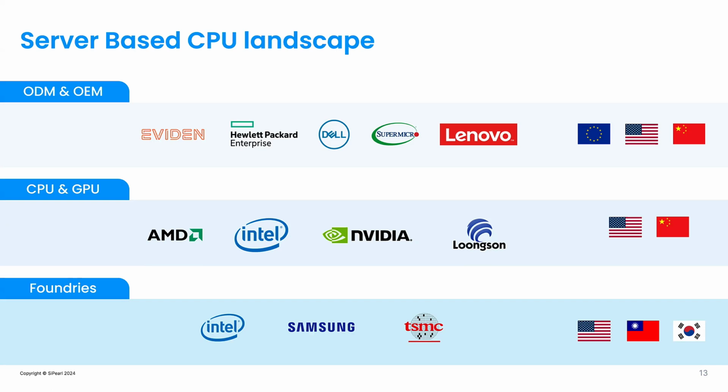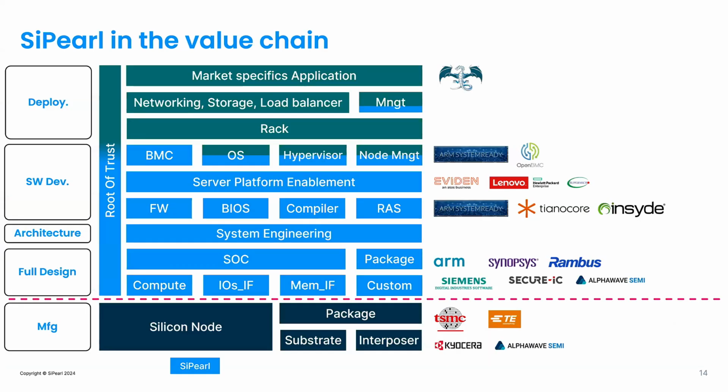In terms of wafer foundries capable of producing process nodes around 2 or 3 nanometers, we have Intel, Samsung, and TSMC, which are American, South Korean, and Taiwanese. And once we see the landscape, the idea is to see where SiPearl is situated and what value chain can bring SiPearl here.